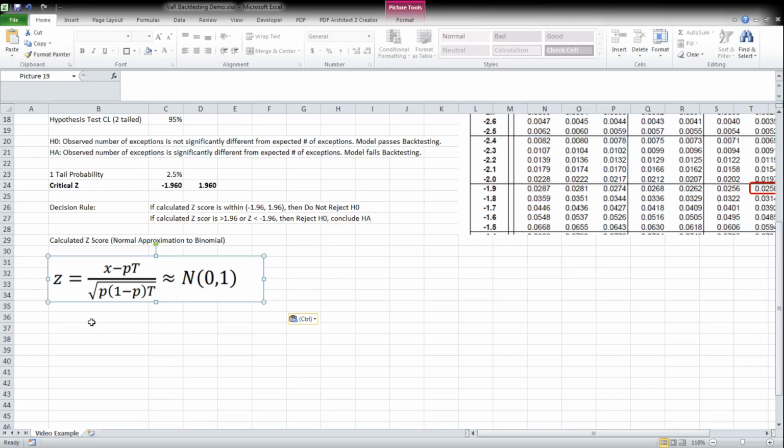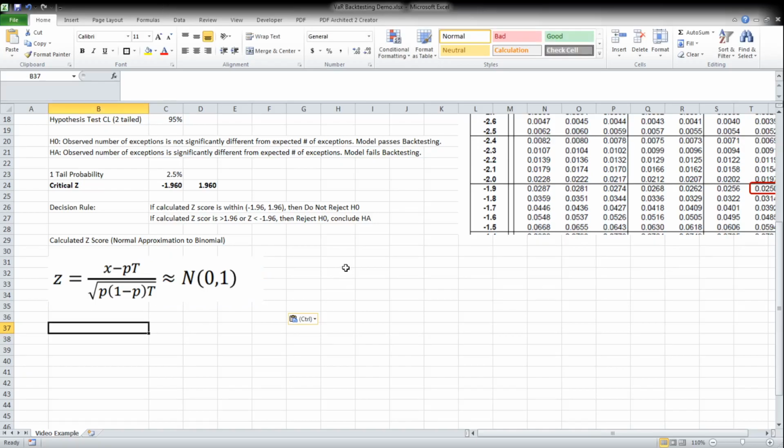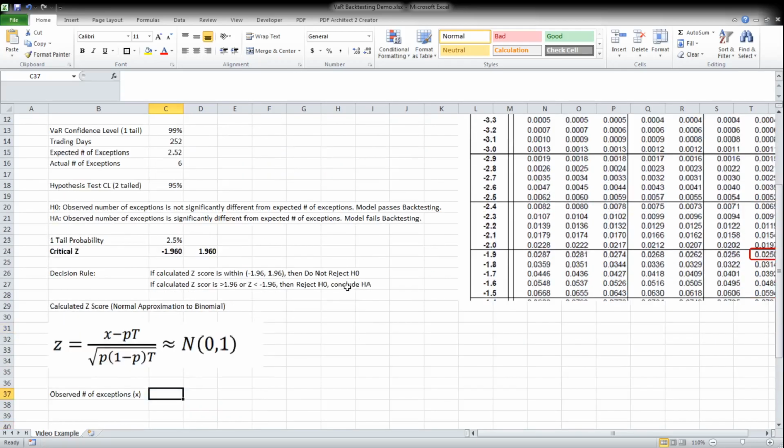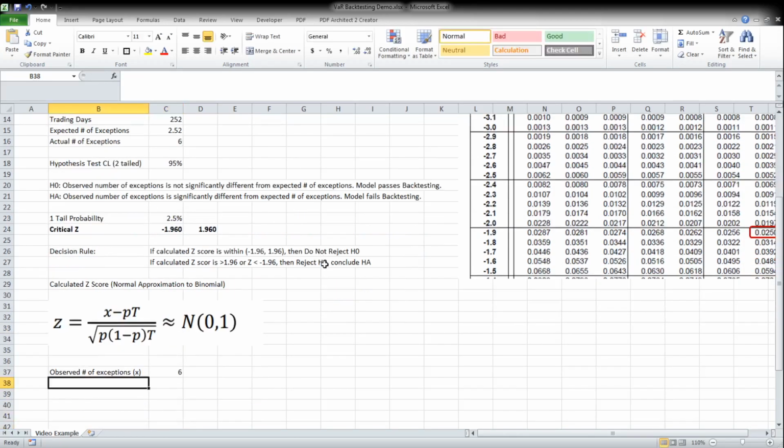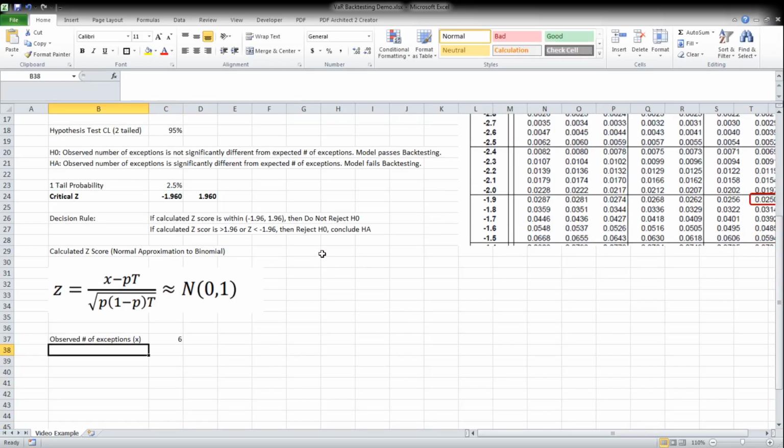So let me denote some of these. The observed number of exceptions is x, and we know that was 6 because that was given by the problem before. So that's the observed or actual number of exceptions. Our tail probability, which is the lowercase p, is given by the probability of the VaR model itself.